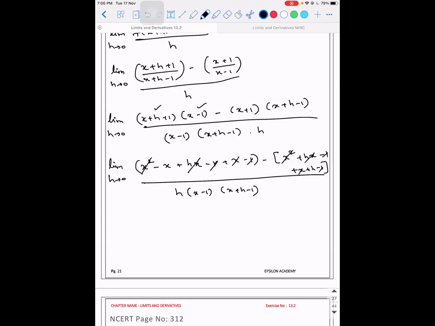Did I make any mistake? I'm able to see an x here. Is this x getting cancelled? Let me check it again. X square minus x plus hx minus, sorry, my mistake. Yeah, it is minus h, no? Plus x minus 1. Okay.